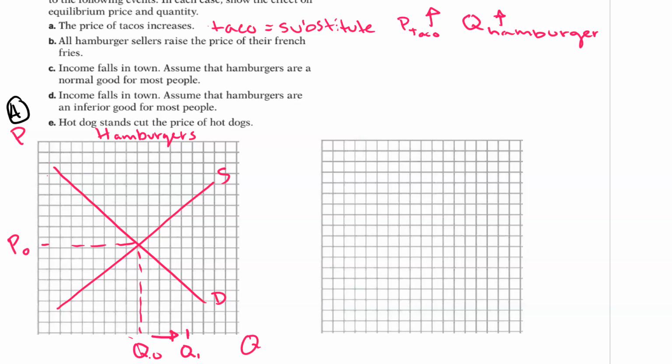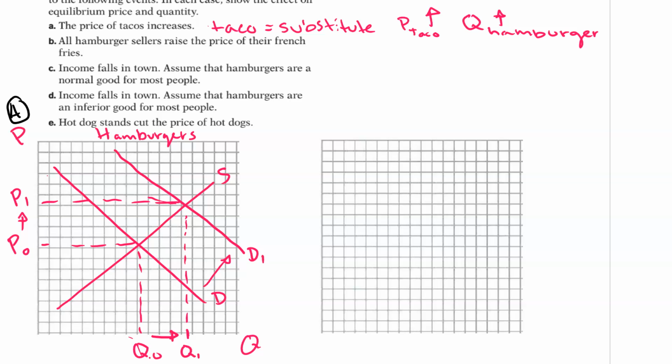In order for that to happen on our graph, our demand line is going to shift. Right. So I've got a new quantity, and if I go across, a new price.